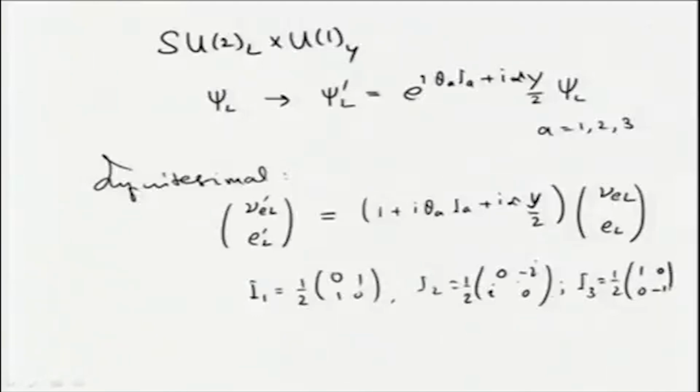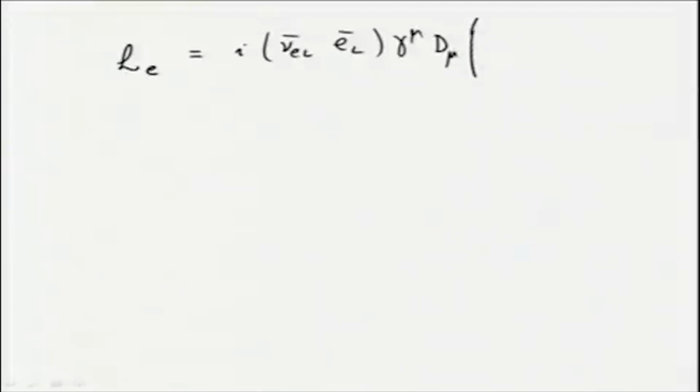This factor of 1/2 on y is mainly due to this. So, this is the way it is, and the right handed field transforms as 1 + iα y/2 on e_R, with no isospin, isospin equal to 0 for this.